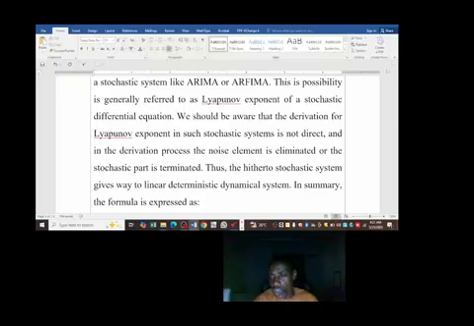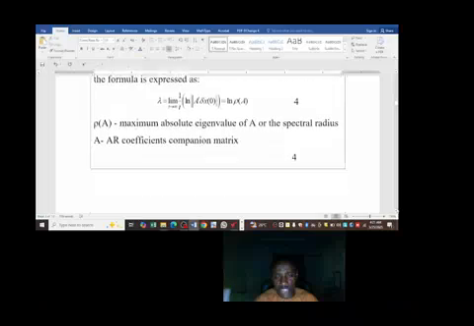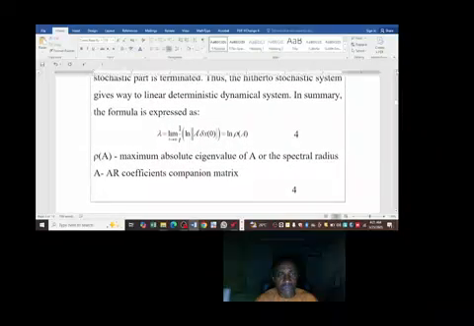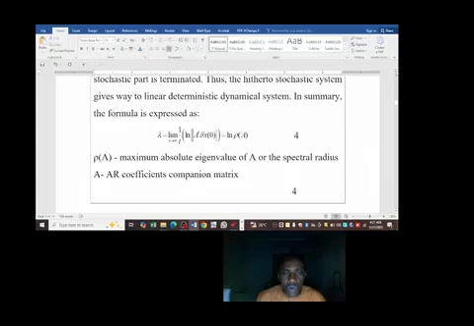In summary, the formula for deriving the Lyapunov exponent from a stochastic system based on ARMA or ARFIMA is given as lambda equals the limit as t moves to infinity of 1 over t ln of A, a matrix, raised to power t, delta x naught, which is equal to ln of rho(A). That rho(A) is the maximum absolute eigenvalue, or the spectral radius, obtained from the AR coefficients or companion coefficients.